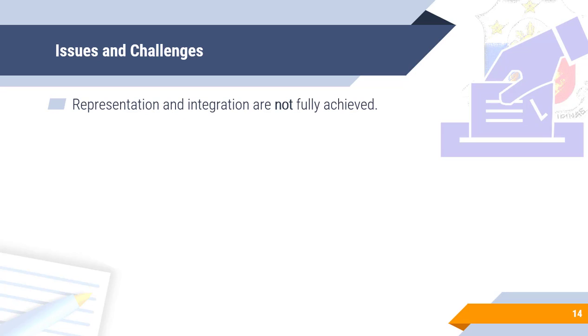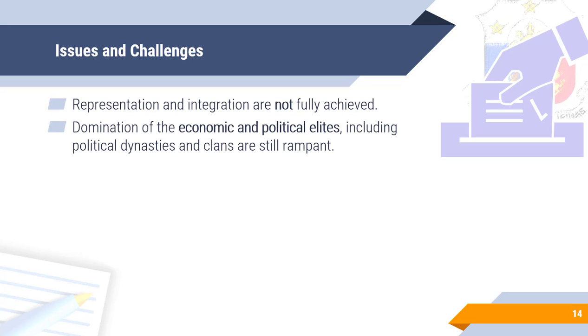On the point of representation as well. Since most of the people being elected to high-ranking positions are the same names that are influential within political parties or wealthy families, domination of the economic and political elites, including political dynasties and clans, is still rampant. Especially in the case of local elections, you will be able to see entire families running for different positions in the office.